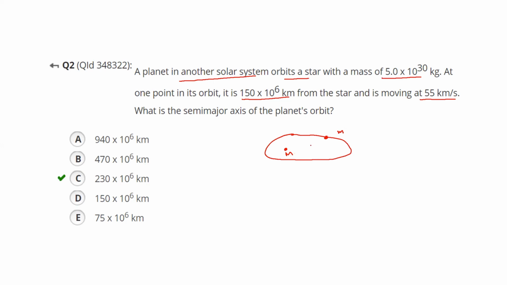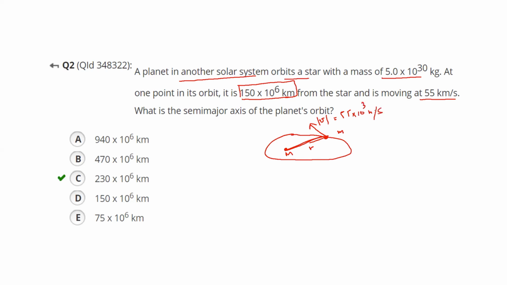You will see that I don't need it. Now I give you this distance r, basically the distance between the two centers. You put it in meters, of course. And also I give you the speed here. V in magnitude is 55 kilometers, 10 to the power of 3 meters per second.